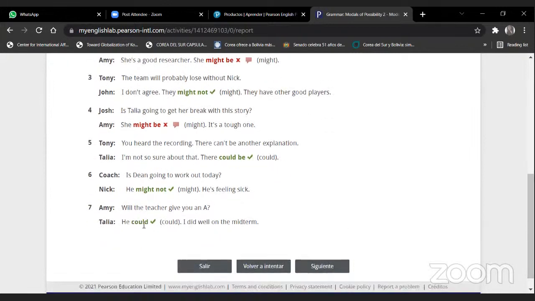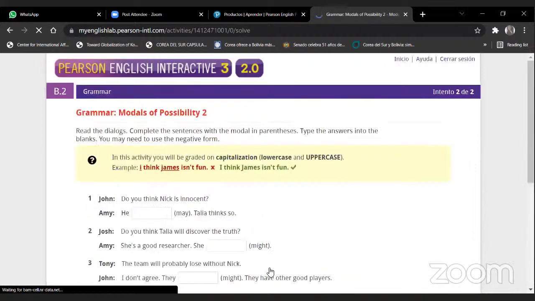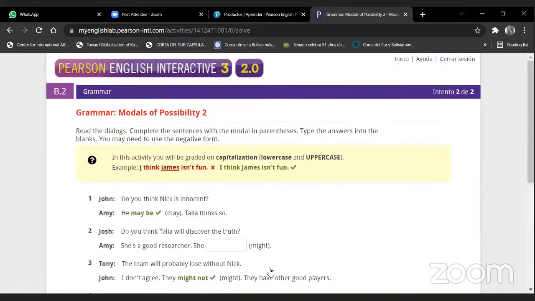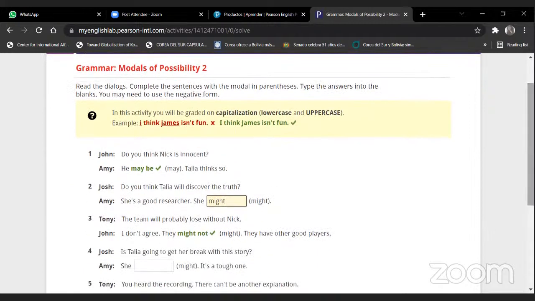This was good. That was good, the sentence that you had the doubt. I'm not going to put a capital letter this time.